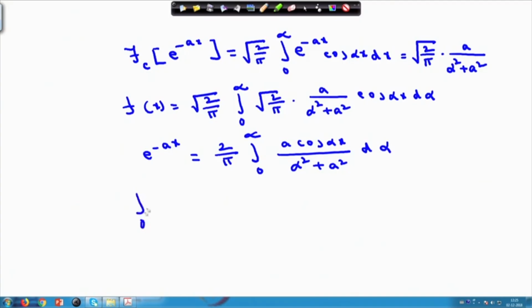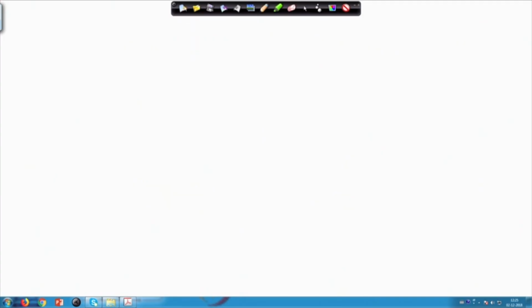Therefore, you can write the integral from 0 to infinity of cos(alpha x) by (alpha square plus a square), this is nothing but, so this a will be coming here, pi will go up in the denominator, there will be pi by 2a into e^(-ax). So, the value of the given integral from 0 to infinity of cos(alpha x) by (alpha square plus a square) equals pi by 2a into e^(-ax).